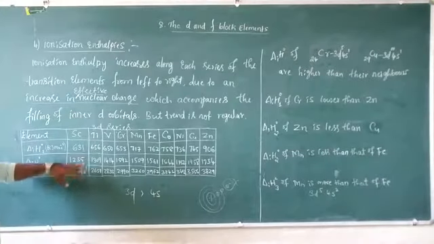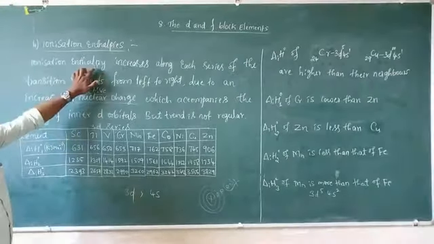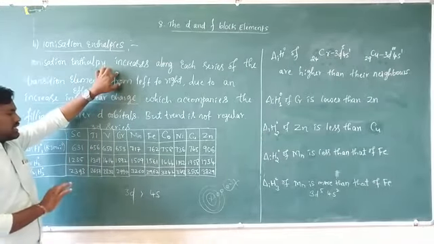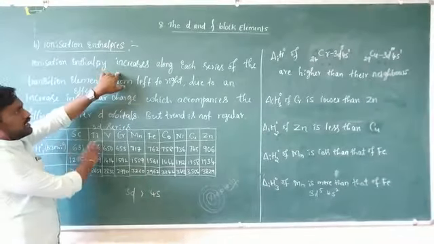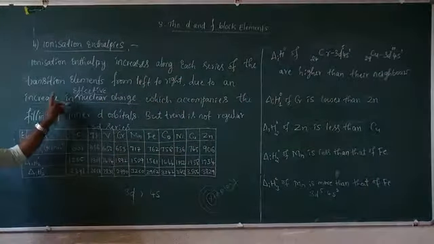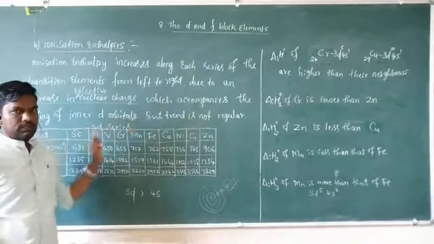So what is the trend in d block elements? The ionization enthalpy of d block elements, or transition elements, increases along each series from left to right.